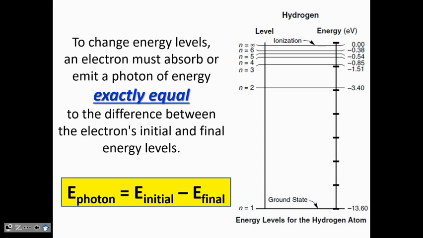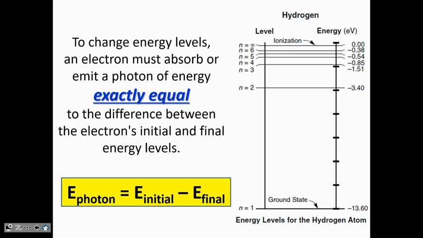And whatever the energy level jump is, the electron has to absorb or emit a photon of energy that is an exact match to the difference between the electron's initial and final energy levels. If the energy of that photon does not match the difference in energy levels, then the jump cannot occur.